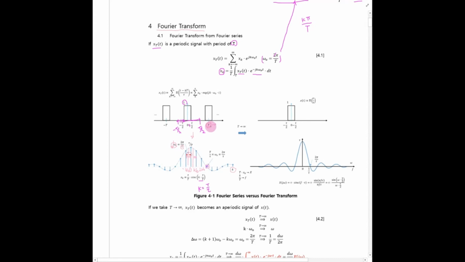It's related to the period. If the period is larger, then the frequency step is smaller and smaller.